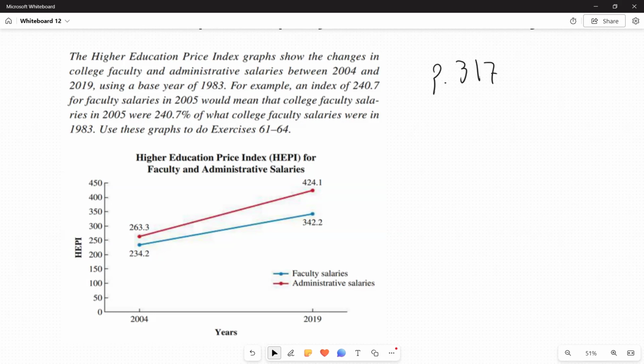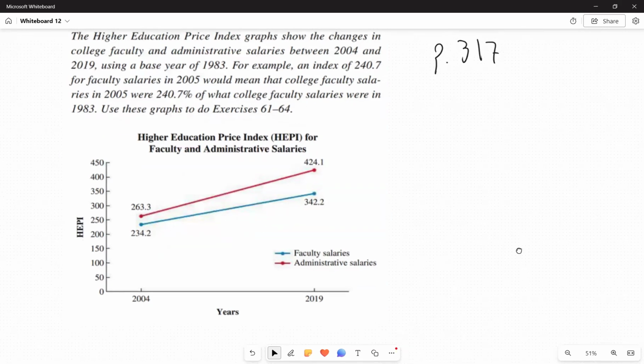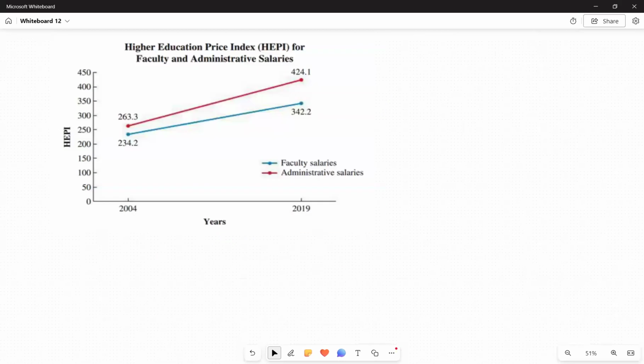And we can see a couple of line segments. So we can see the graph, how this index has increased for administrative salaries and for faculty salaries. So we're doing number 61.